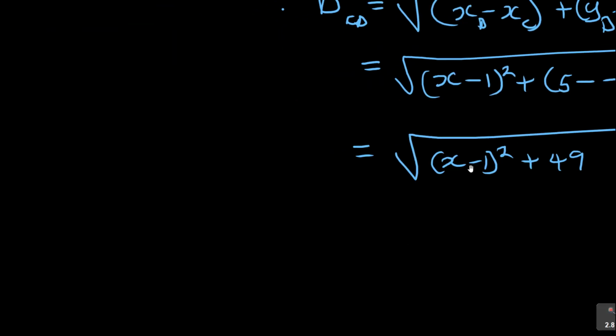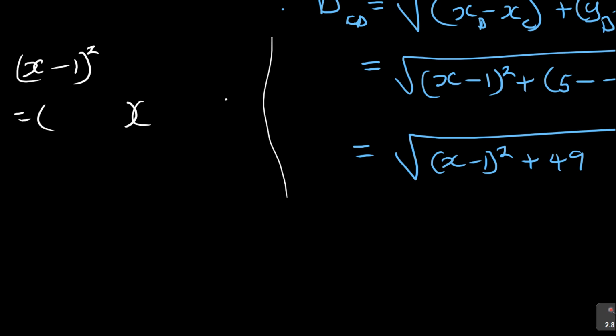Now I need to remind you again, what is this x minus 1 squared? You write two brackets, x minus 1, x minus 1. Then you open the brackets. X times x is x squared. X times minus 1 is minus x, or minus 1x.